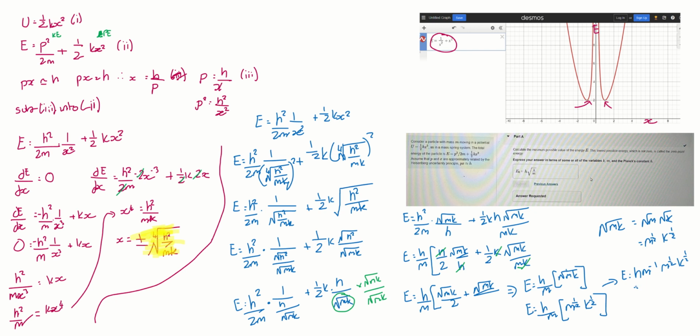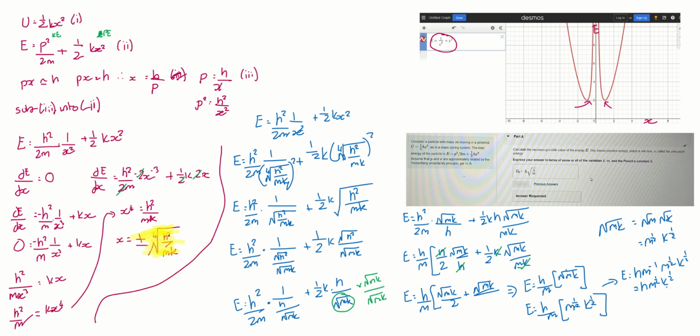Let's double check, have I done this right. So h m to the minus 1 times m to the half k to the half. So that equals, well, m to the minus 1 plus m to the half is going to be, well, that's going to equal h m to the half, and that's just k to the half. I think we're almost there.